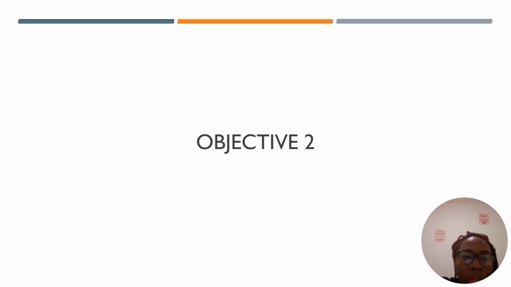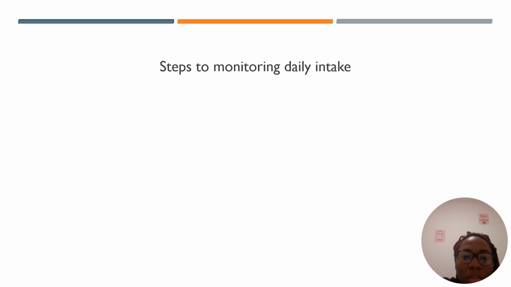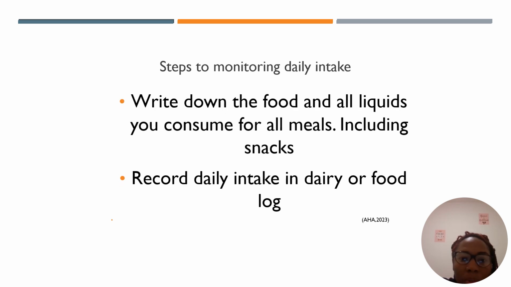We'll now focus on objective two, food intake. These are the steps to monitoring daily food intake, which can also reduce or prevent obesity. Write down the food and all liquids you consume for all meals, including snacks. Record daily intake in a diary or food log.